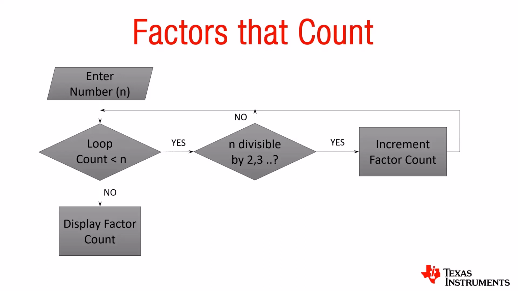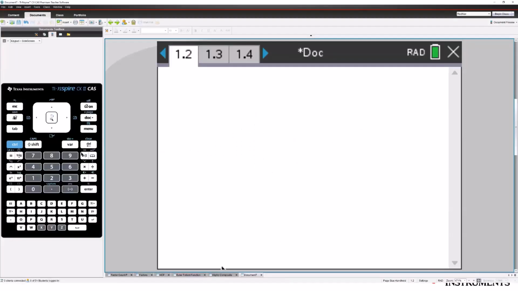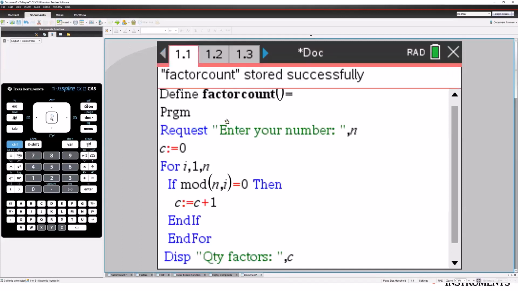So freeze frame that in your mind, and let's have a look at what that program might look like on the calculator. So as usual, like a cooking show, here's one I prepared earlier. Let's take a moment to study it and compare it to what you had on the screen a few moments ago. This is the actual code.